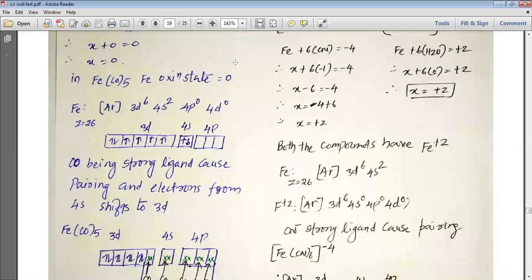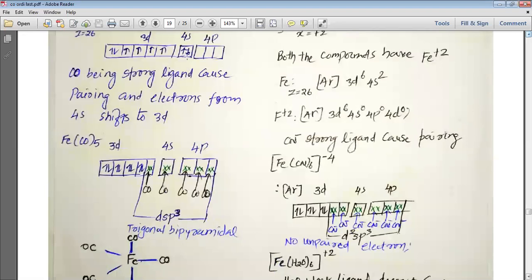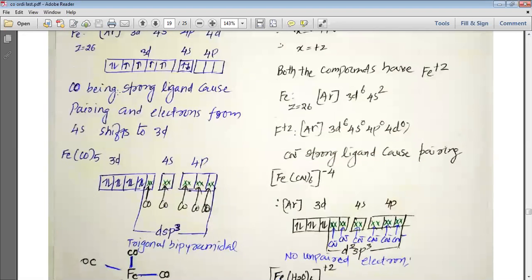So the 6 electrons present in 3d will be paired, and that will fill the 3d orbital completely. The electrons present in 4s are also forced to go into the 3d orbital. So CO, being a strong ligand, causes pairing, and electrons from 4s shift to 3d. This is how the 3d orbitals have been completely filled.